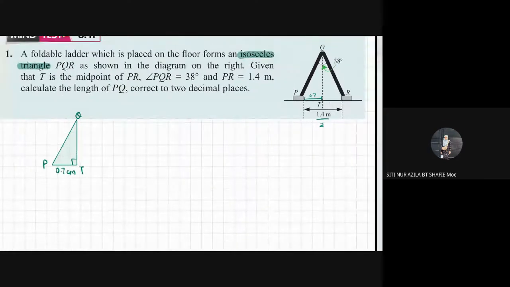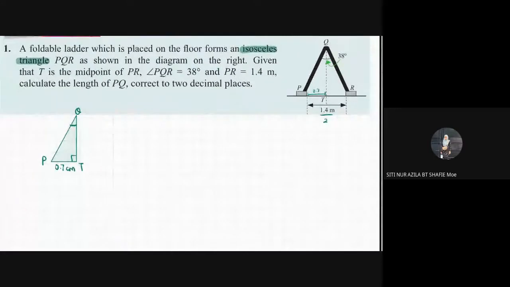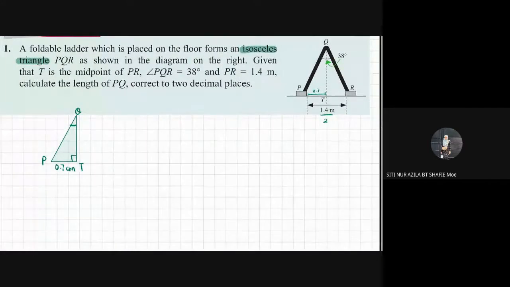Okay. Now, what's the value for this angle? Since we divide the isosceles triangle into 2, which means we divide this angle into 2. So now, what's the value for your new angle here?